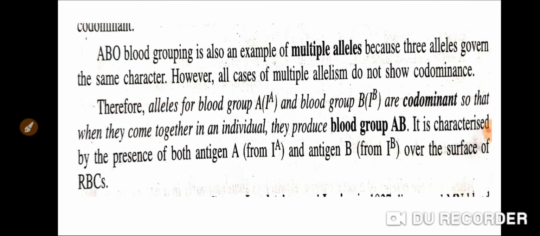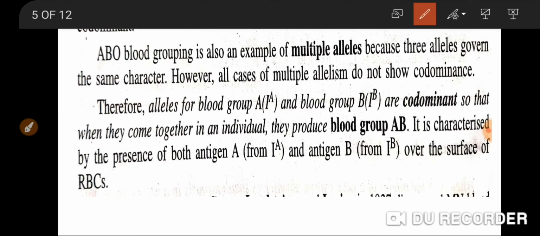And this ABO blood group is also an excellent example of multiple alleles, because three alleles govern the same character. When more than two alleles are responsible for a particular character, such a condition is known as multiple allelism, and such alleles are called multiple alleles.